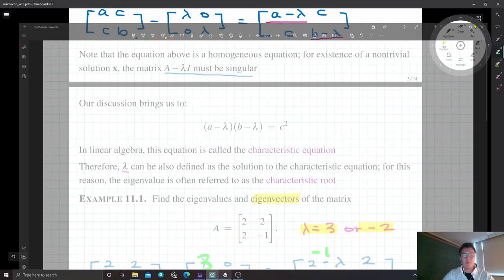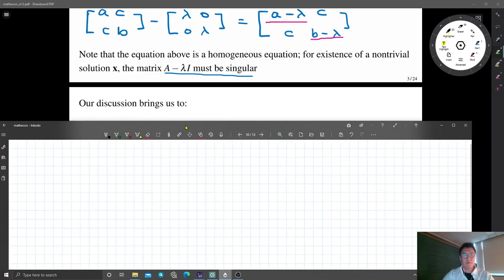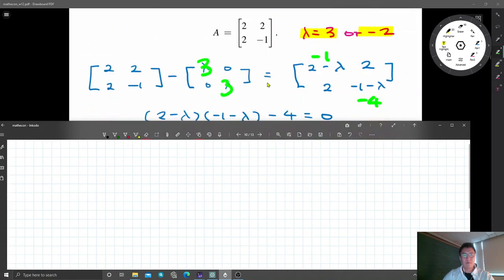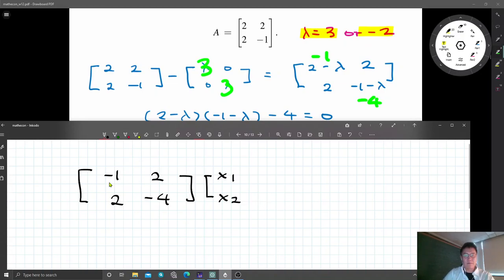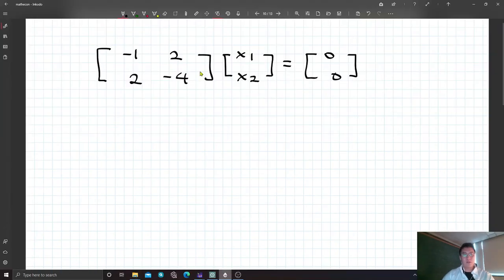So the homogeneous equation can be stated as the matrix negative 1, 2, 2, negative 4, times the variable vector x1 and x2, equal to a zero vector. Now solving this equation, let me first compute this multiplication.